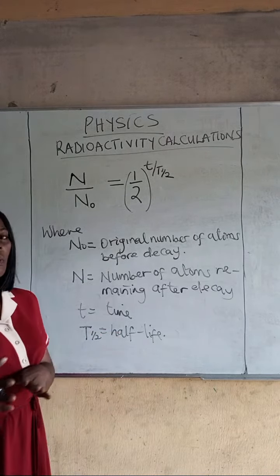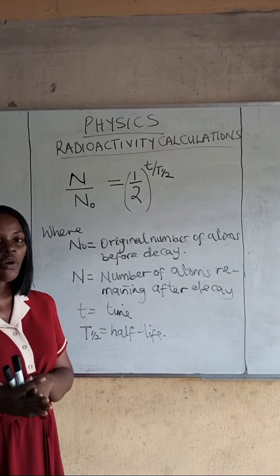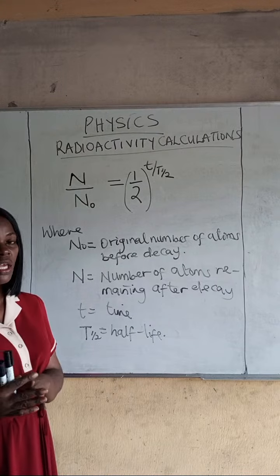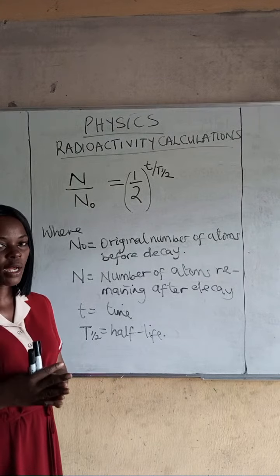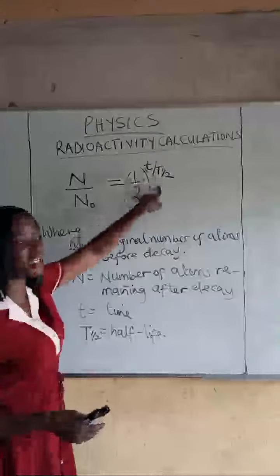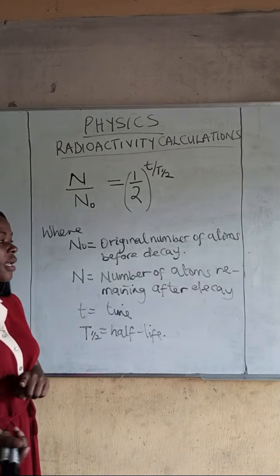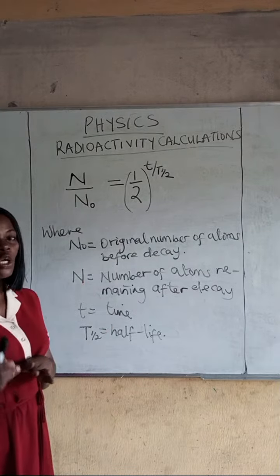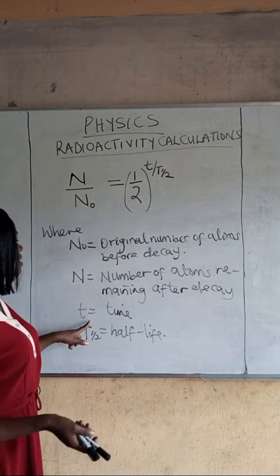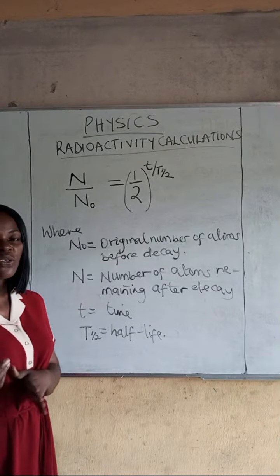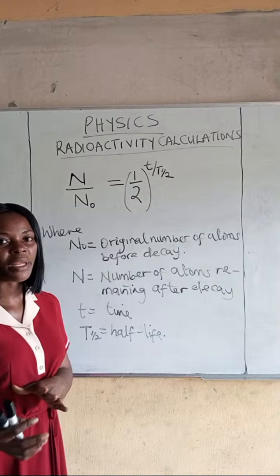So this formula is what we are going to be using to solve problems involving half-life and decay constants, also involving radioactivity calculation. N naught is the original number of atoms before decay, and N is the number of atoms remaining after decay. T is time and t half is half-life. So let's see how we are going to use this equation to solve problems.